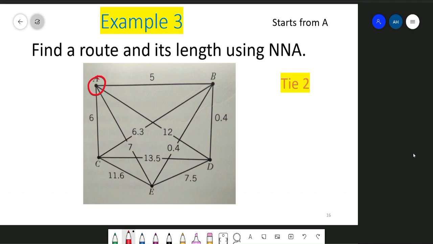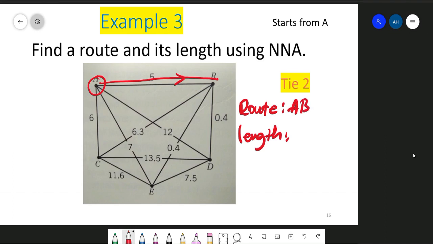So we are still going from A to B. So this is our route, this is our total length, this is the length. Route from A, and then from A to B, that is 5. Now from B we are not going to D because we already chose that route.